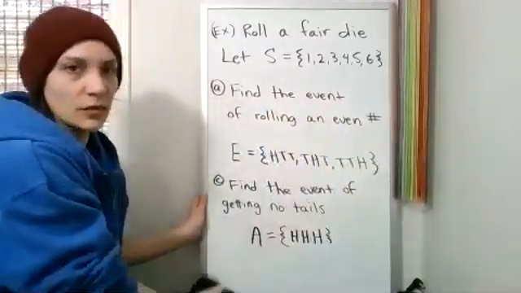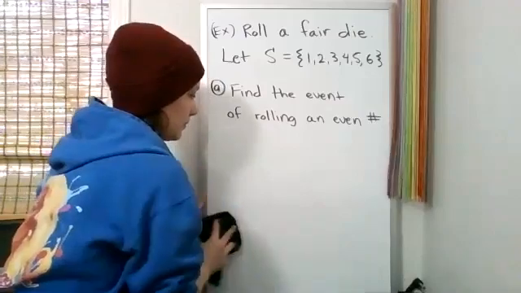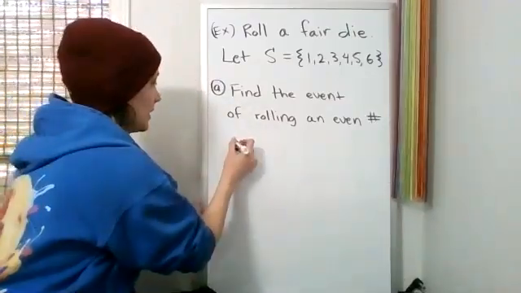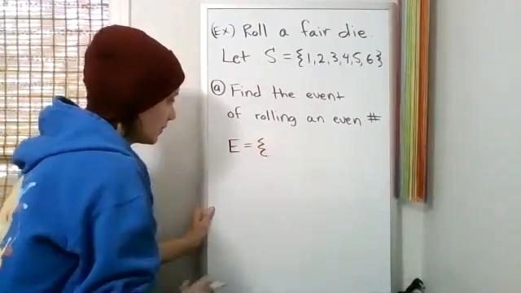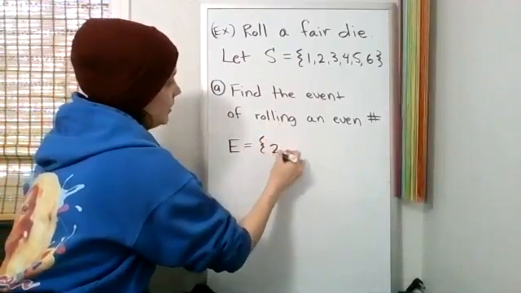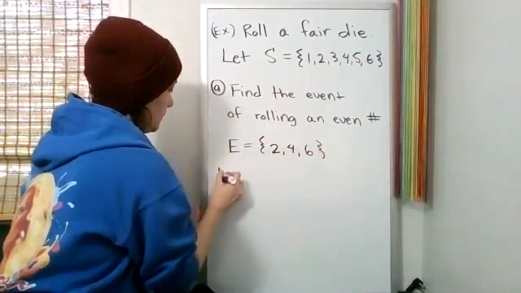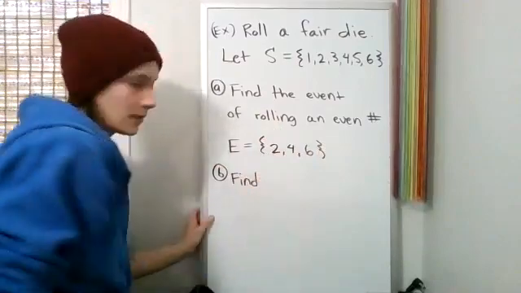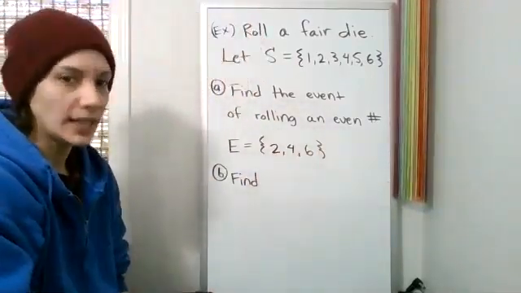Okay, find the event of rolling an even number. We're going to call it capital E as our event. Equals the set that contains 2 and 4 and 6. Find the event of rolling a number less than 4.